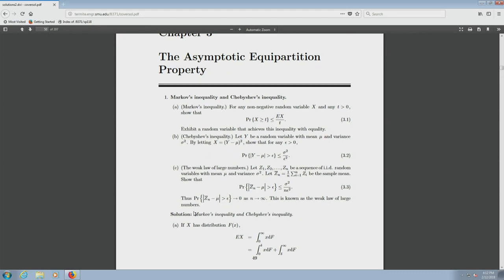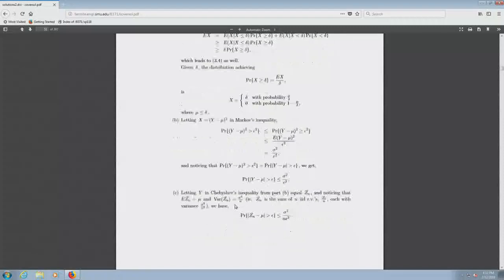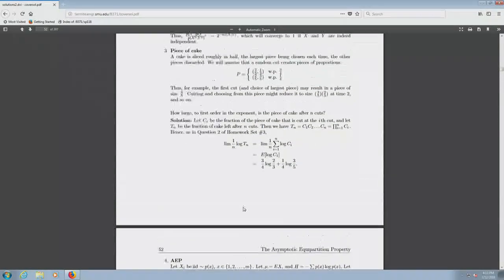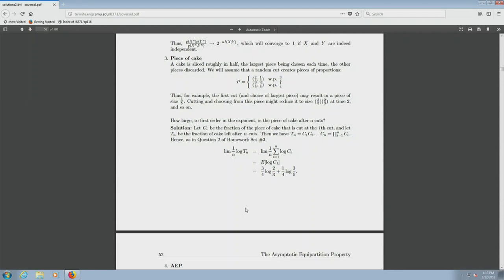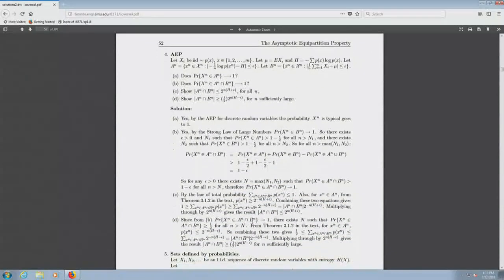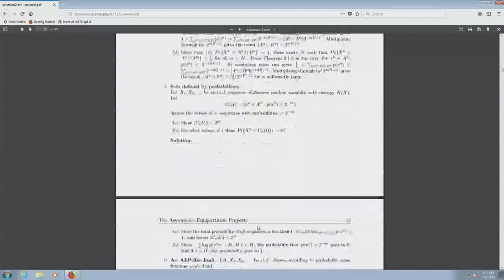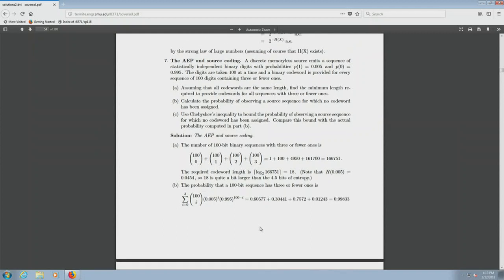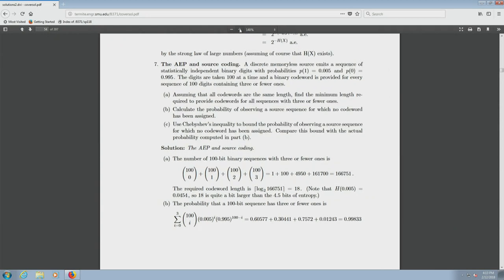But I want to look at problem 7 in the textbook.